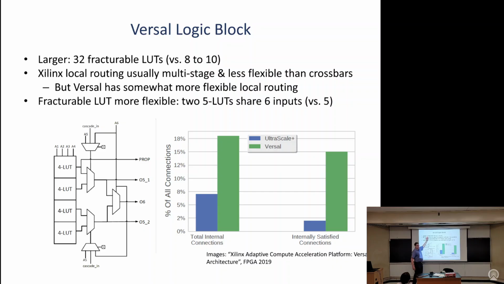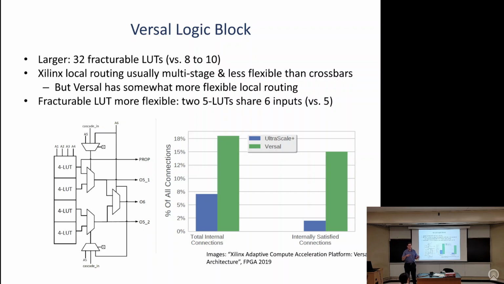It's going to have 32 of these fracturable LUTs. And this is a chart from that paper we'll read later. They're saying here that in UltraScale, their last generation before Versal, they could only basically route a relatively small fraction of things completely inside the logic block.